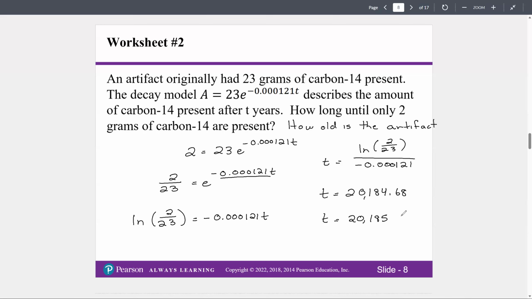So we're going to round up to this. So we expect this item is about 20,185 years old. And that is how we carbon date.